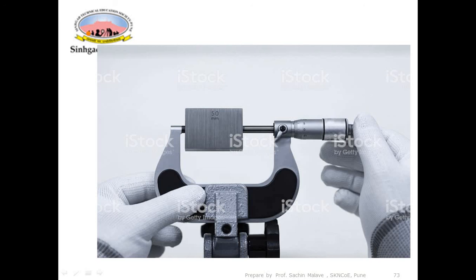If you rotate the thimble in the reverse direction, towards you, then the spindle will go back into the barrel. So there is a relation between the rotation of the thimble and the axial movement of the spindle. That relation has to be maintained, isn't it?